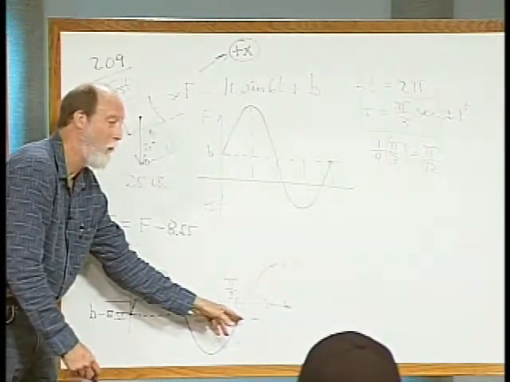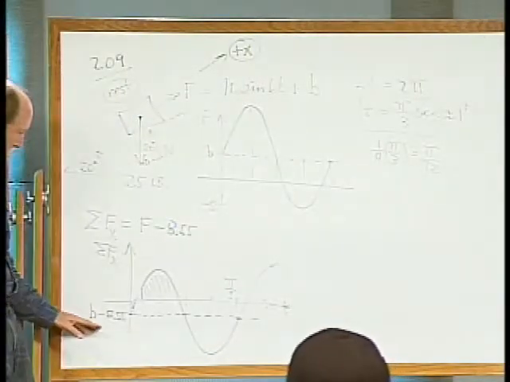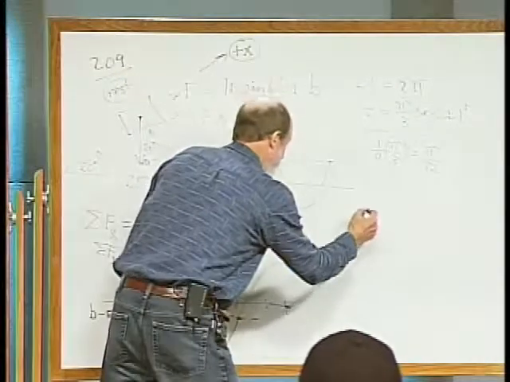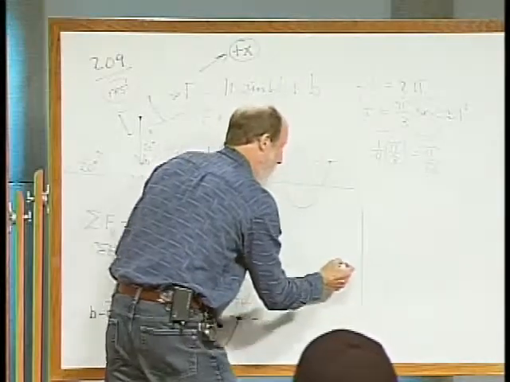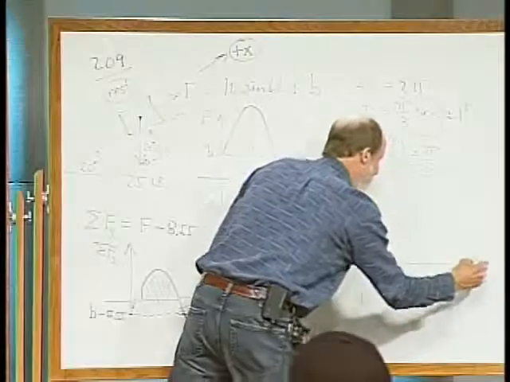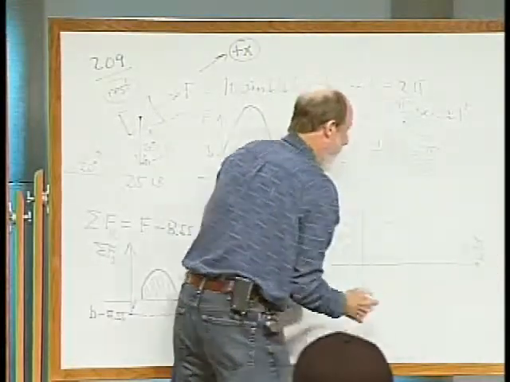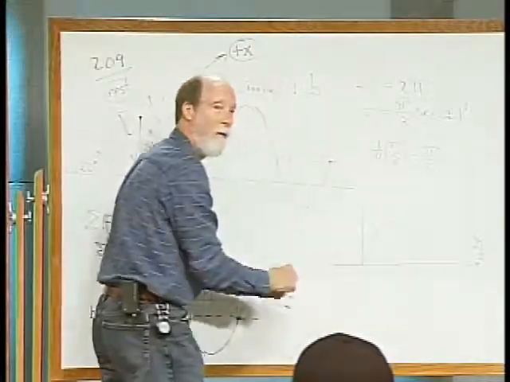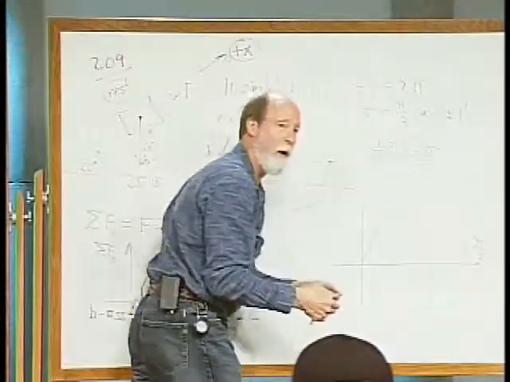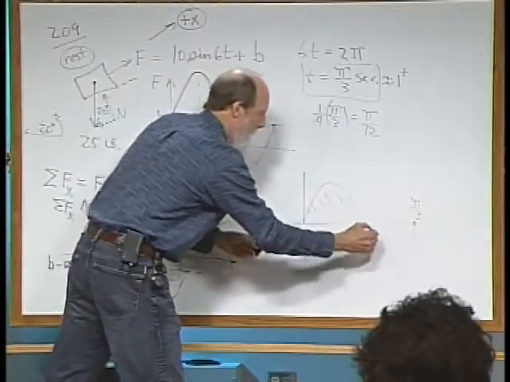What value of B would we have to be carrying? We want the effective sinusoid after one complete cycle, at pi over 3 seconds, to lie right on the x-axis, so that this area matches that area.